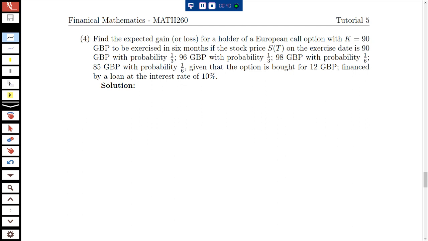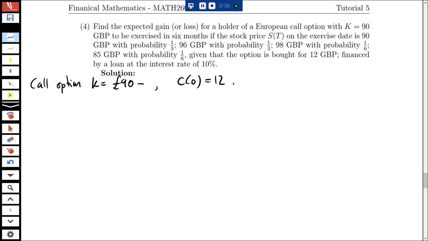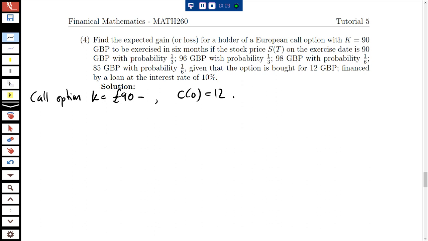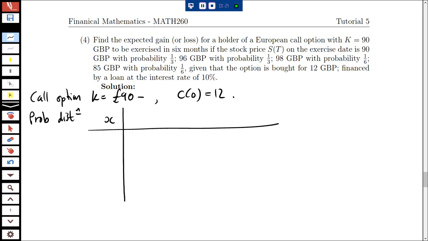Okay, so let's start to extract some of these numbers. We're working with a call option, giving us the right to buy for 90 quid. The cost of the option is £12. We then have some distribution for the share price, so X can be the various prices of the stock.